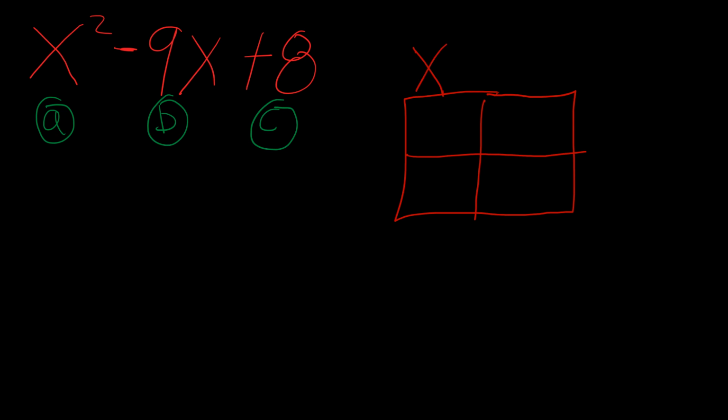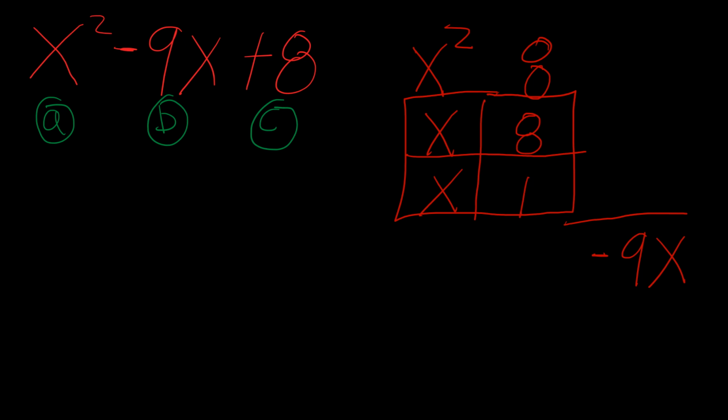I have x squared, my a term, here, my c term is here, which is 8, and my b term is down here, which is negative 9x. x times x gives x squared. For 8, we have to add up to negative 9, so we have to think about that. It should probably be 8 and 1, because 8 times 1 is 8.